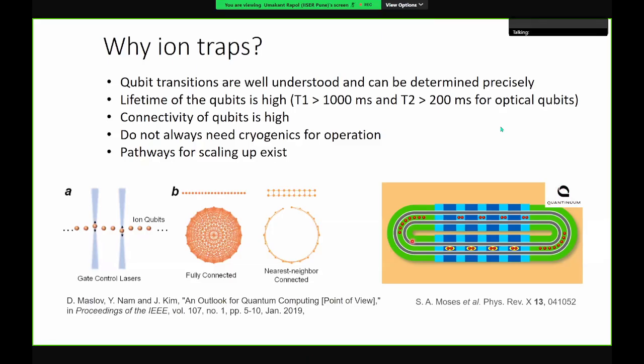You can have zones where you store these ions, and zones where you make 2-qubit gates by changing the voltages on these DC electrodes. You can just shuttle them around and bring any 2 qubits together and apply a 2-qubit gate, which is what this diagram shows. You can basically get a fully connected quantum computer with this kind of planar geometry.